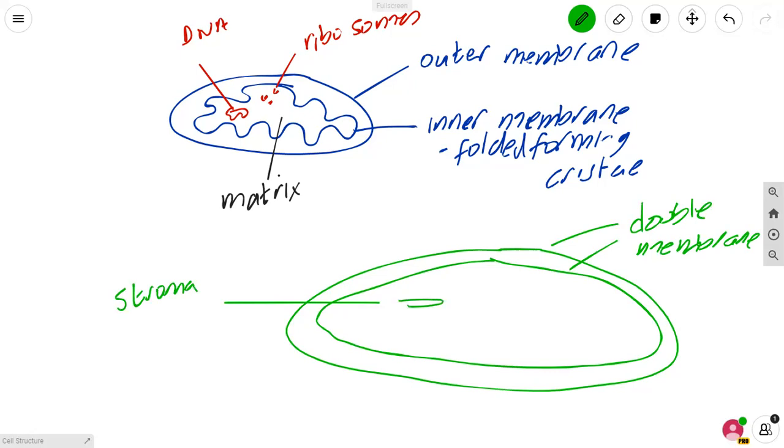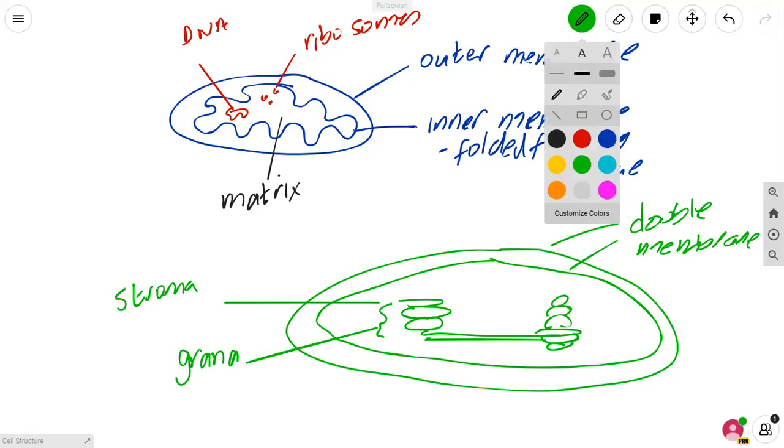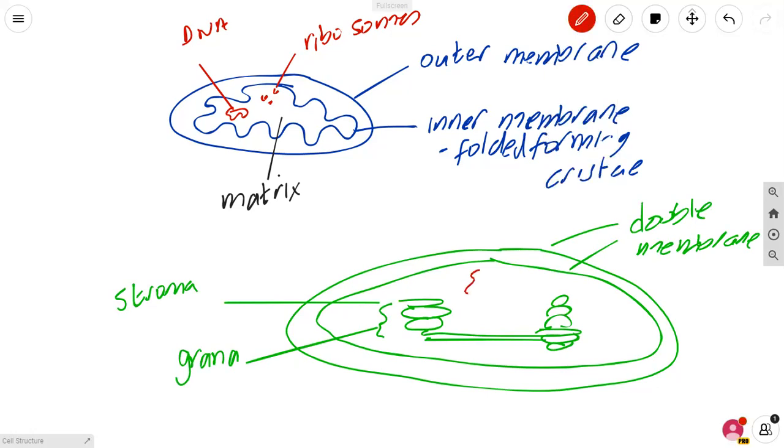And sitting in there are these stacks, like that, in which you will find the chlorophyll. So a stack is called a granum. And these are called thylakoids. But again, what am I interested in? I'm interested in the fact that again it has its own DNA and it has its own ribosomes.